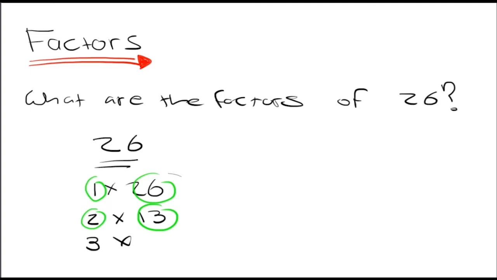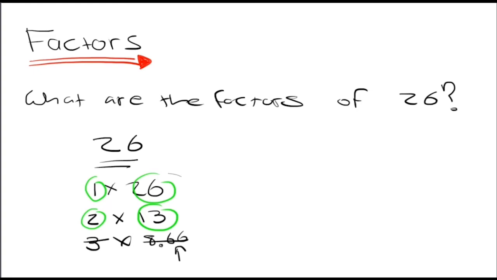You'll realize that you can't multiply 3 by anything to get 26, because if you try and divide 26 by 3 on your calculator, you get 8.66, and that over there is a decimal. So 3 is not a factor of 26.